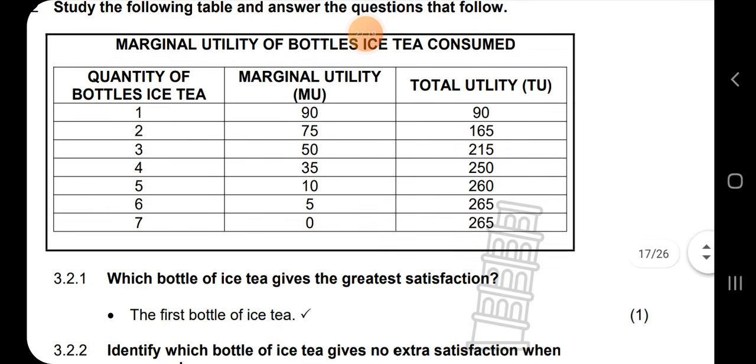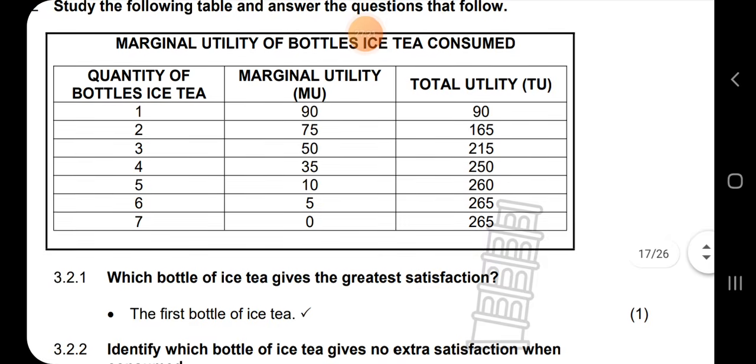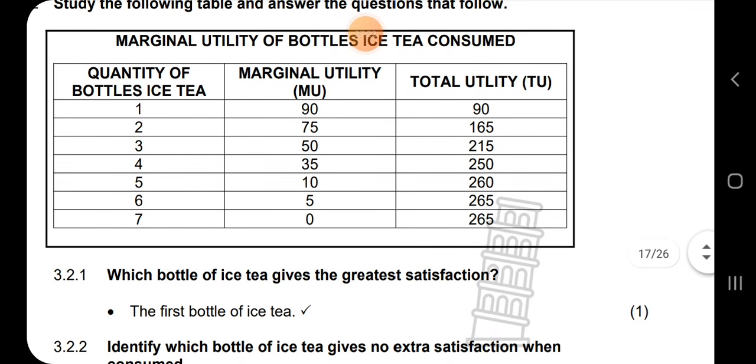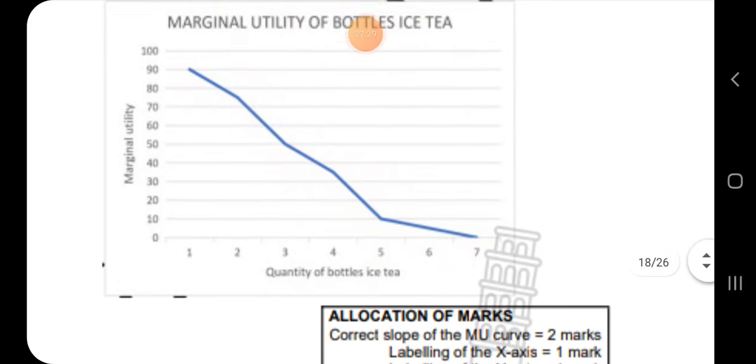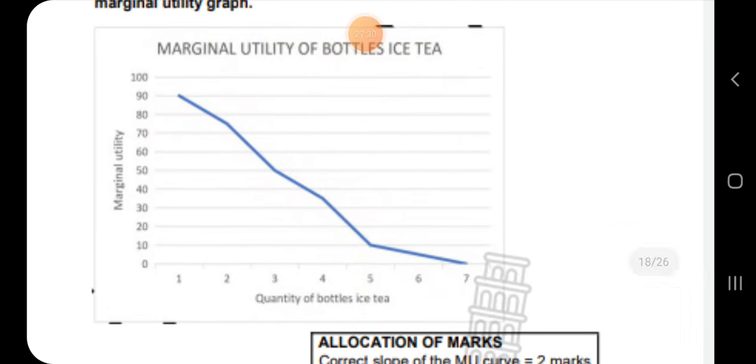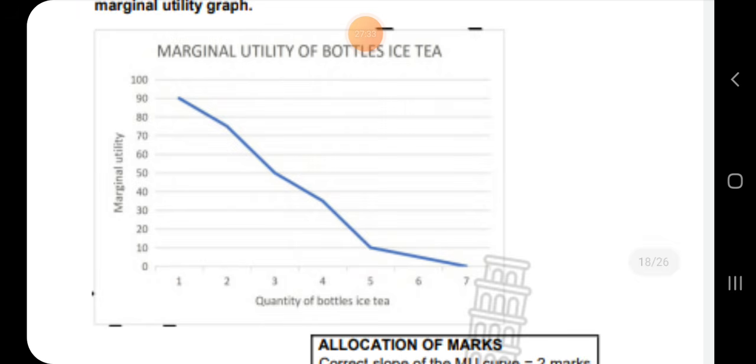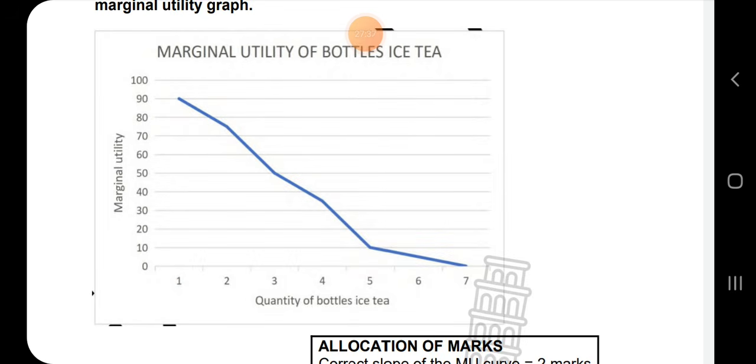You can have quantity on the y-axis and marginal utility on the x-axis, or you can have marginal utility as the y-axis and quantity on the x-axis. This is how the graph should look.